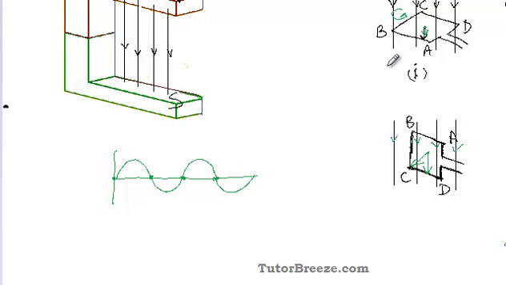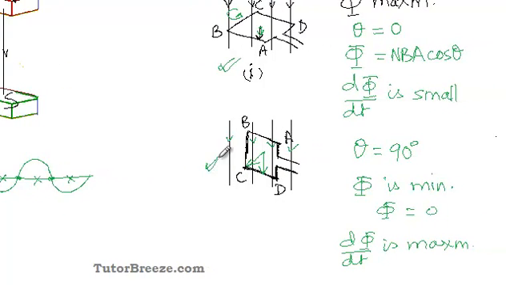At these positions you get maximum flux but 0 induced EMF, and at positions like this, when the armature rotates and its plane is parallel to the magnetic field, you get maximum induced EMF.